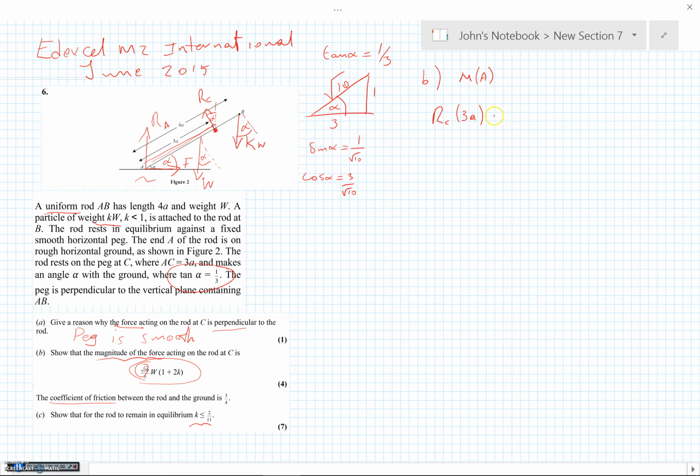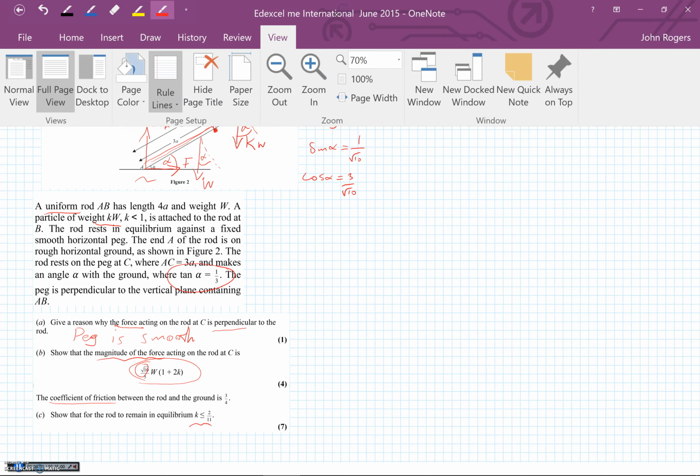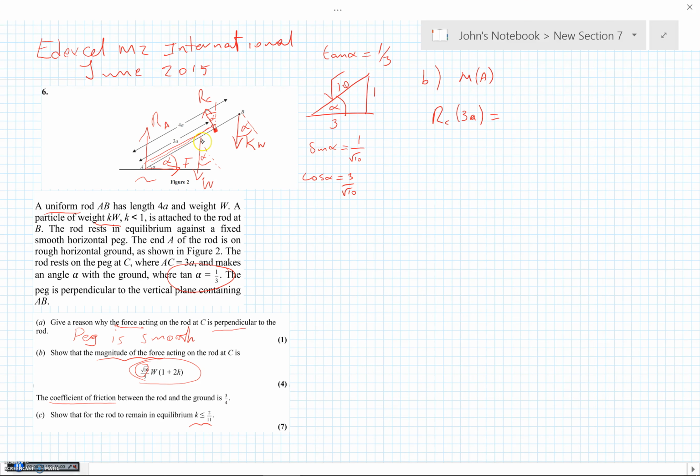Now, what I tend to do is, maybe I need a different colour here, look at the components of these forces. This component here is W cos alpha, and this is kW cos alpha.